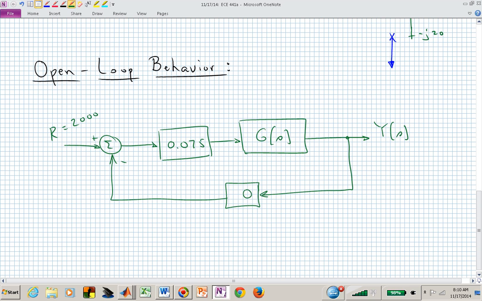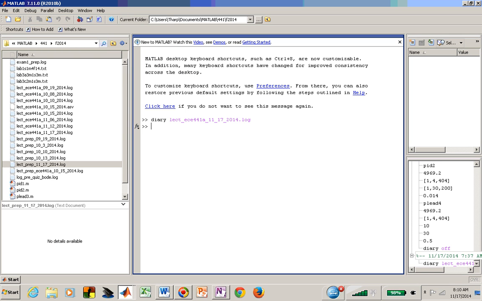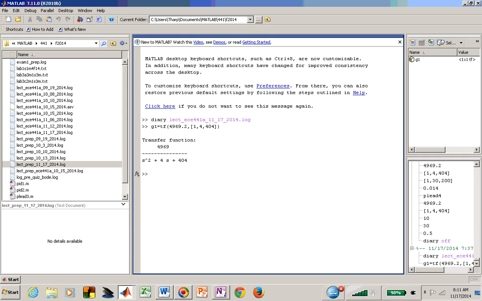If we now look at what this might do in terms of Matlab, let's now define our transfer function. What did we say it was? 4,969.2. And the poles, if we multiplied it out, are at s squared plus 4s plus 404. That's now my transfer function for the system. I'm going to put in a particular time index.